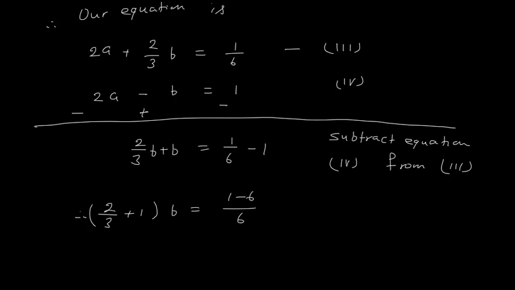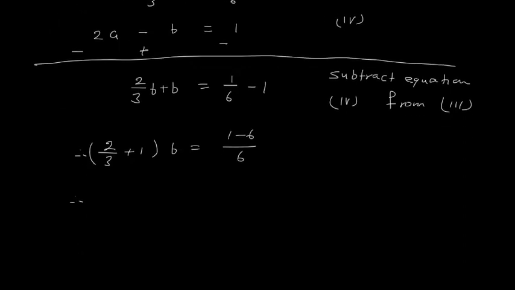So therefore we have now 2 by 3 plus 1, so this 3 will go here, it will become 2 plus 3 whole divided by 3 times b is equal to 1 minus 6 is minus 5 divided by 6. 3 plus 2 is 5. So therefore 5 divided by 3 times b is equal to minus 5 divided by 6.